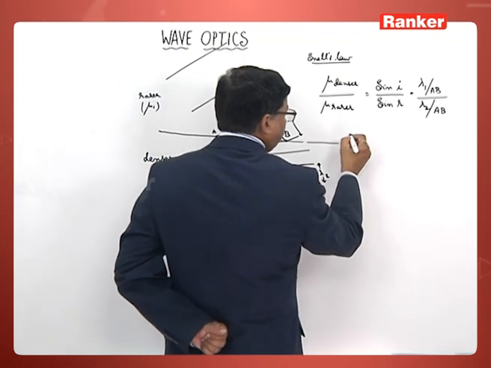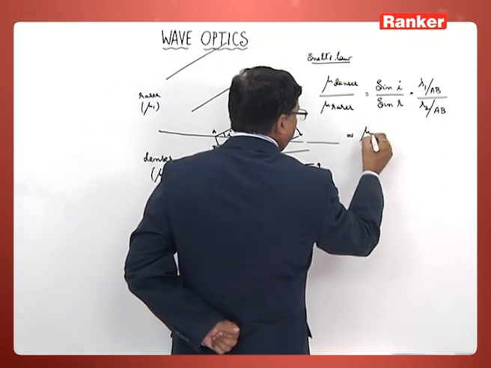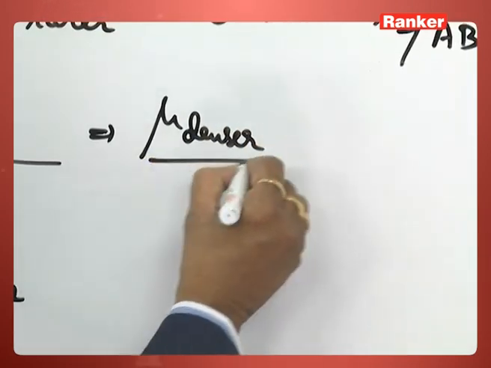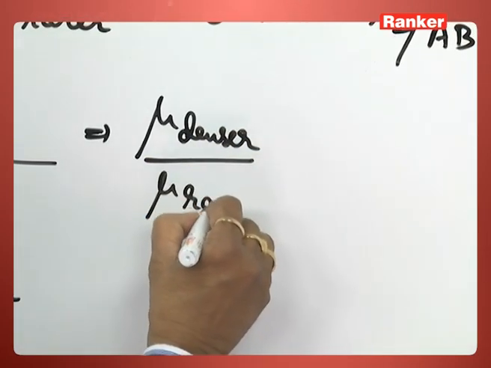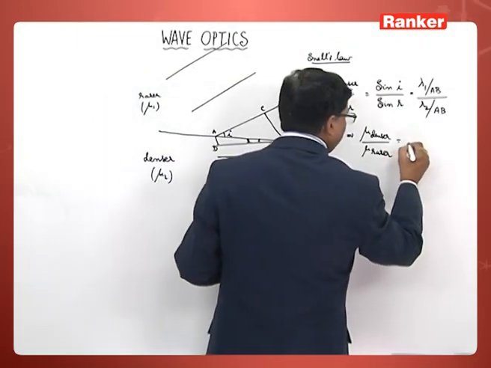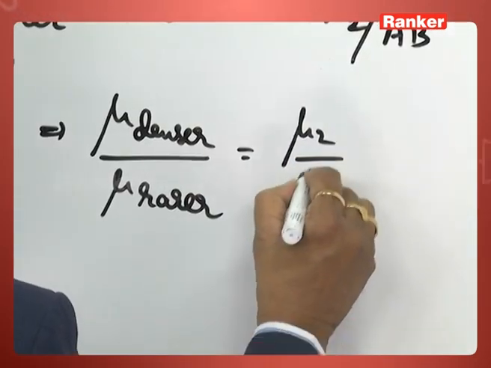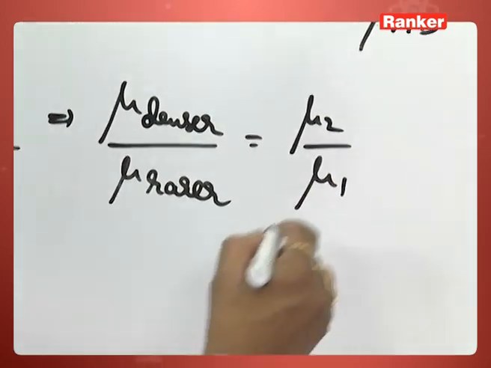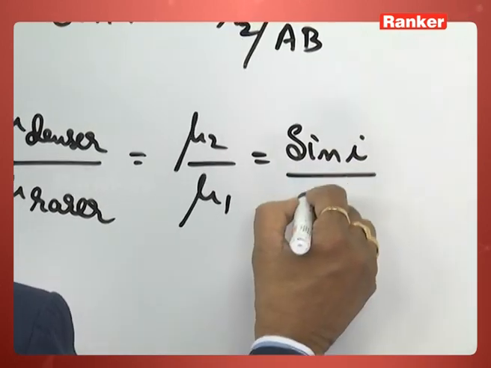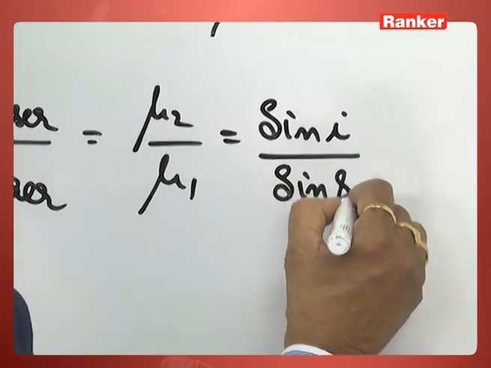So what are we getting ultimately? Mu denser by mu rarer. We know pretty well mu denser is given as mu 2, and mu rarer is given as mu 1. That is sin i by sin r according to Snell's law.